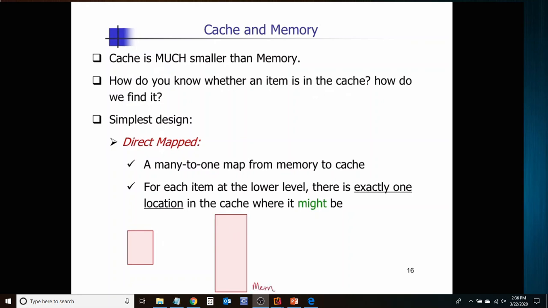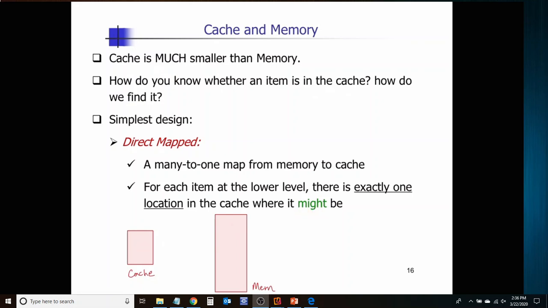This is my memory and this is my cache. The problem is which addresses in the memory are going to be mapped to what addresses in the cache. The simplest design is to establish a many-to-one mapping in which, for each item in the lower level, there is one particular location in the cache where it might be.